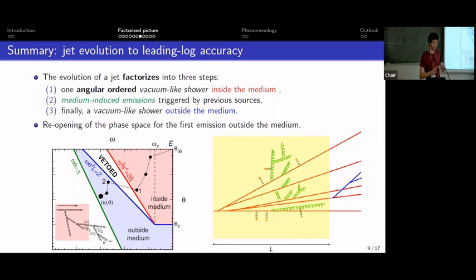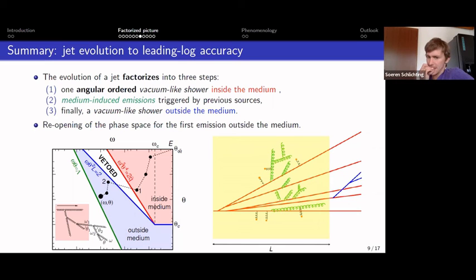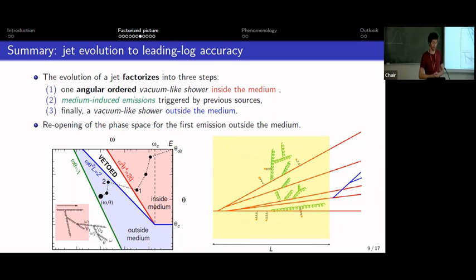Right. So for the medium cascade, we know how to go beyond this diffusion approximation, either by solving analytically the evolution equation, this kinetic equation, or you can also do that using Monte Carlo methods. So this can be done, and I was referring to that in my outlook. But for the hard scatterings triggers, which can modify the vacuum-like structure of the cascade, honestly, right now I don't know how to do it in a consistent way.